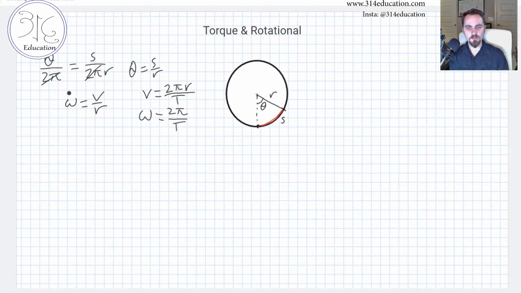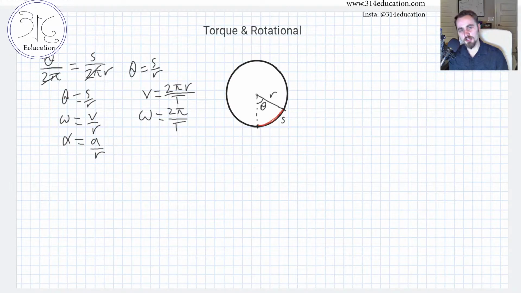I'm actually going to rewrite these because I like to have all three in a line. We'll have our theta equation. We have our omega equation, which is v over r. And then the next one would be alpha, and so this is our acceleration over r.